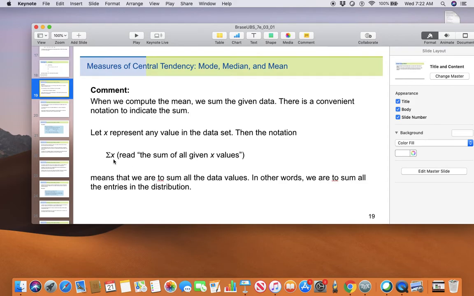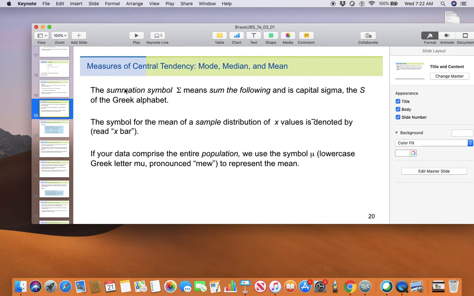So sigma x reads the sum of all given x values. I repeat, sigma x means add all the x values. We are to sum all the data values, in other words, all the entries in the distribution. The summation symbol sigma means sum of the following and is the capital S of the Greek alphabet.